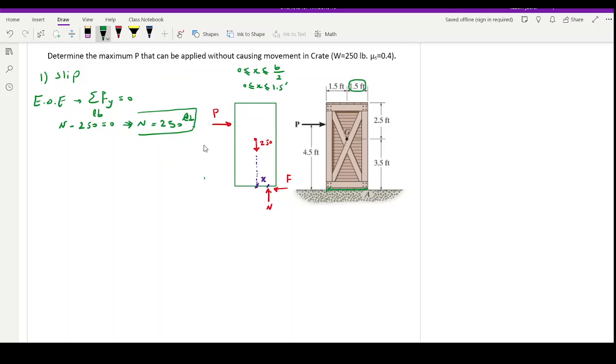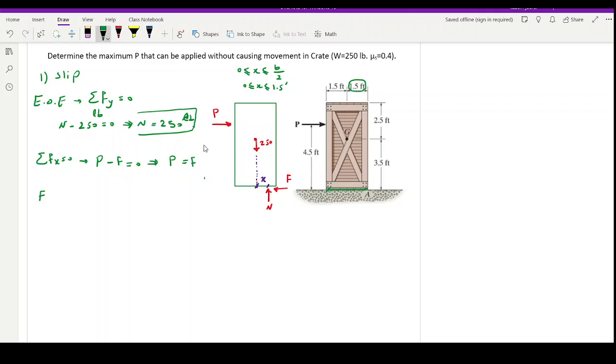Now I'm writing the second equation, which is sigma Fx is 0. From there, I have P acting in positive direction, F acting in negative direction is 0. That means that P is equal to F. I keep it. I will come back and write it later. Now, before moving to the third equation of equilibrium, I'm going to use the friction equation.